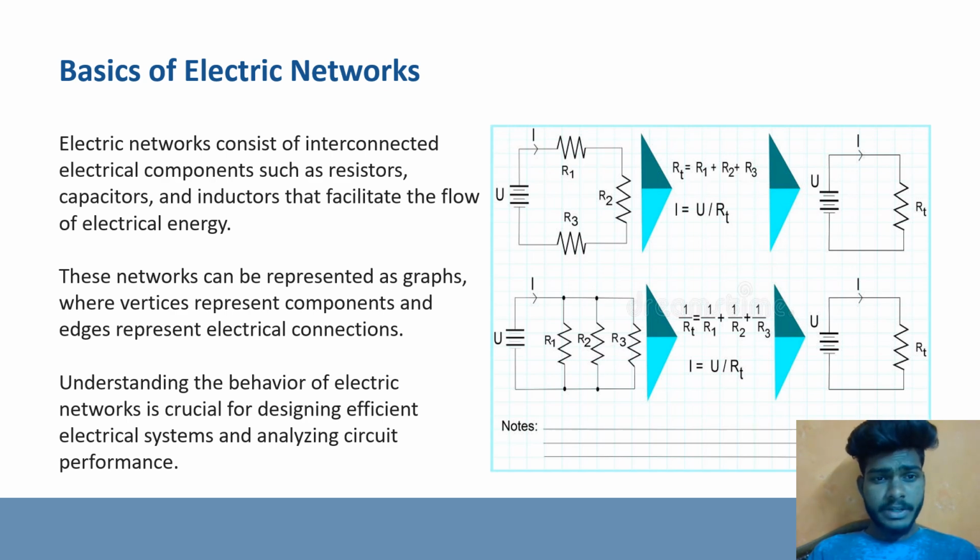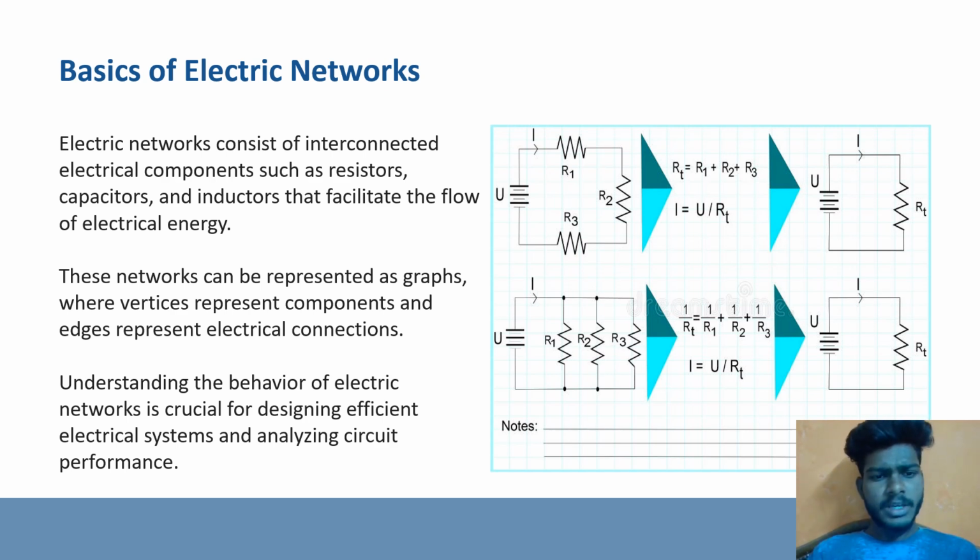Basics of electric networks. Electric networks consist of interconnected electrical components such as resistors, capacitors, and inductors that facilitate the flow of electrical energy.